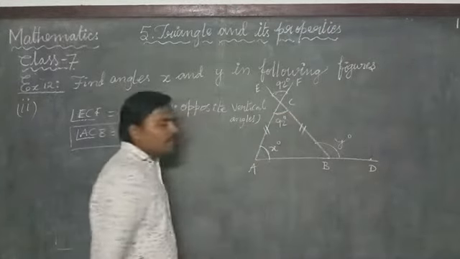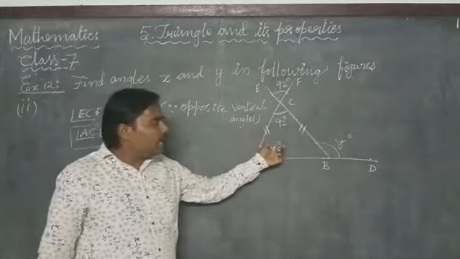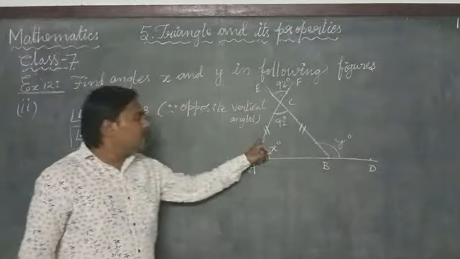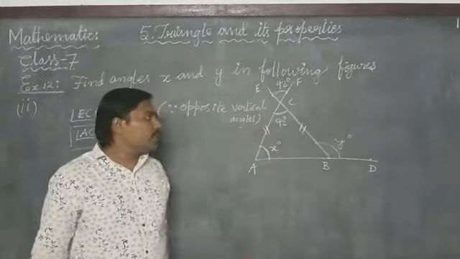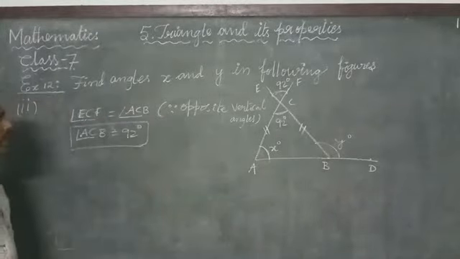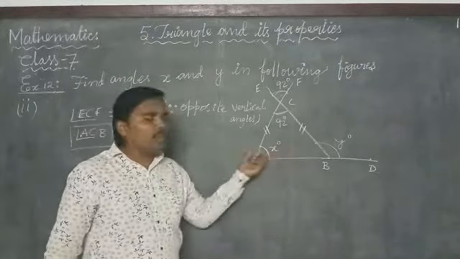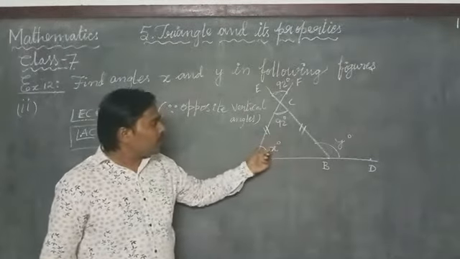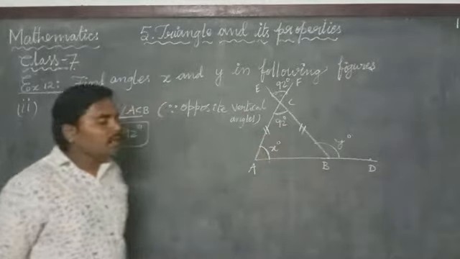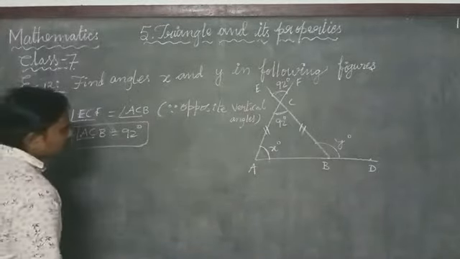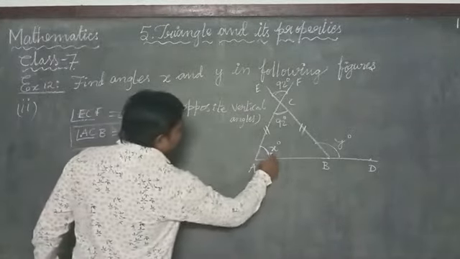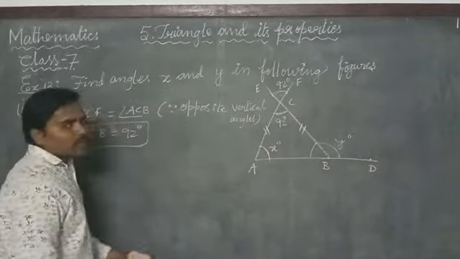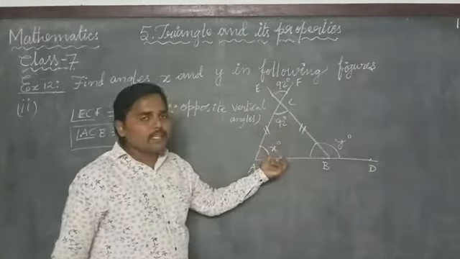Here the type of triangle given is an isosceles triangle. They have given two equal sides. In the isosceles triangle, the angles opposite to the equal sides are equal.